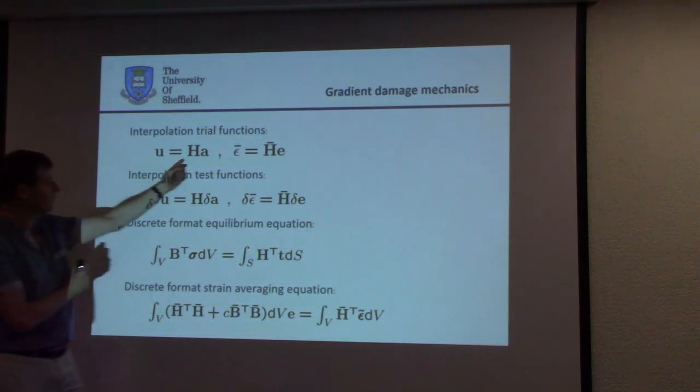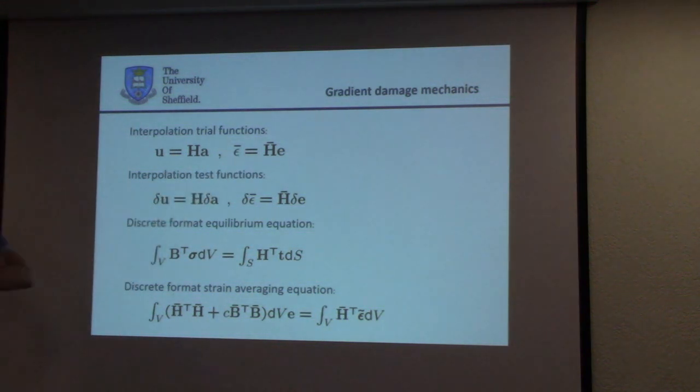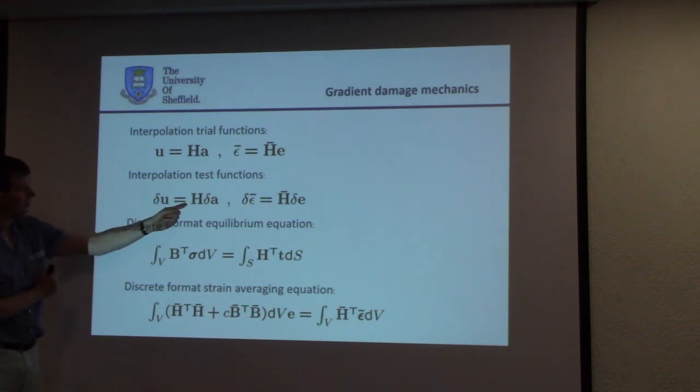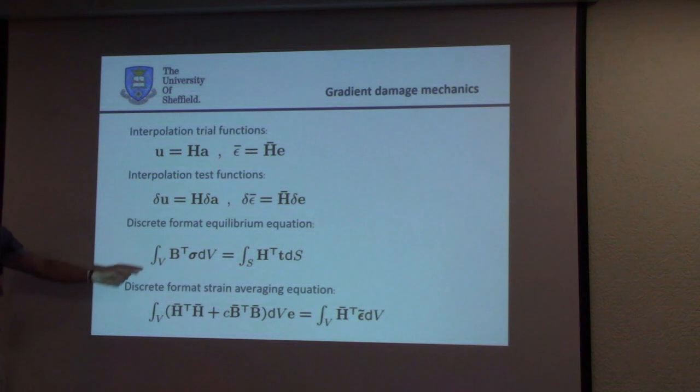So capital H is different from capital H bar, because strains are usually an order lower than displacements. So you must adapt your interpolations from it. You have the interpolation of your test functions in a similar way, and you obtain your equilibrium equation, usually like here, but an additional one for this averaging equation.